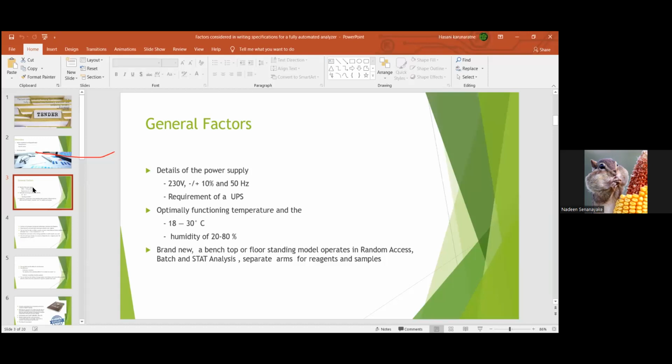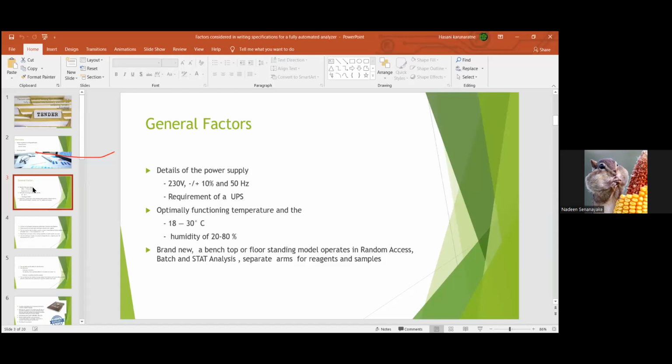And the analyzer should be a brand new one. We have to mention that, otherwise they will give reconditioned analyzers that will give troubles to the operator.